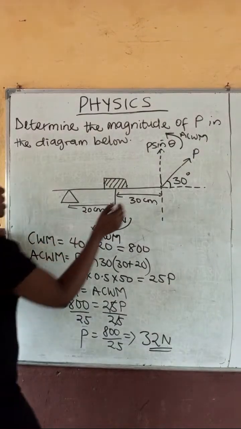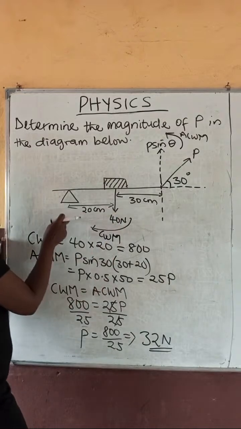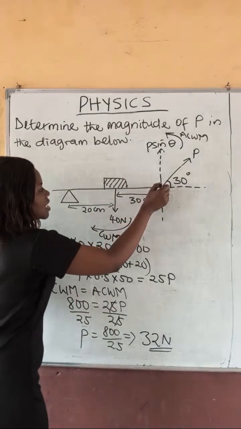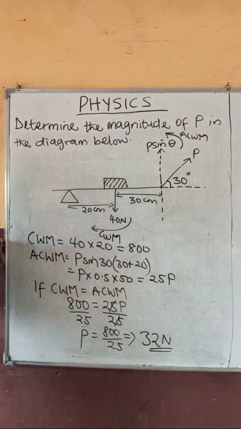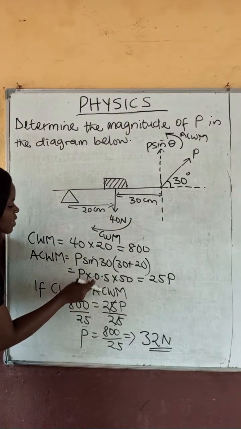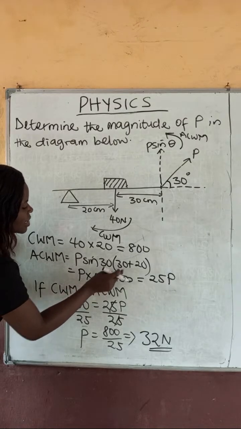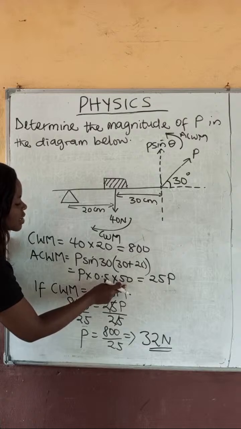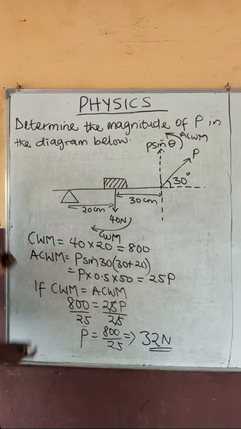And the distance from here to here is 30 plus 20, because the force is here now. We are considering from here to here. That is 30 plus 20. Now this is P times sine 30, which is 0.5, multiplied by 30 plus 20, which is 50. By the time you multiply, it's going to give you 25P.